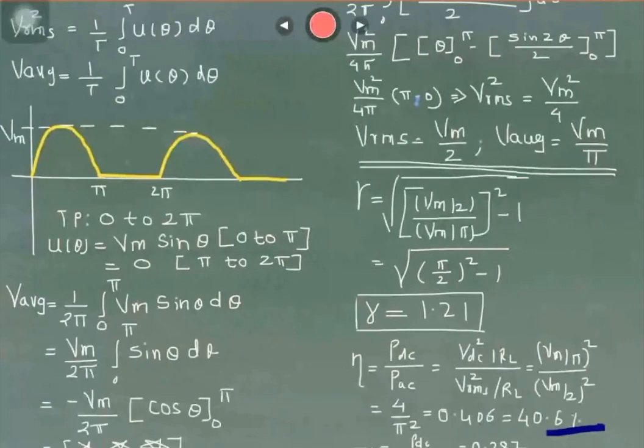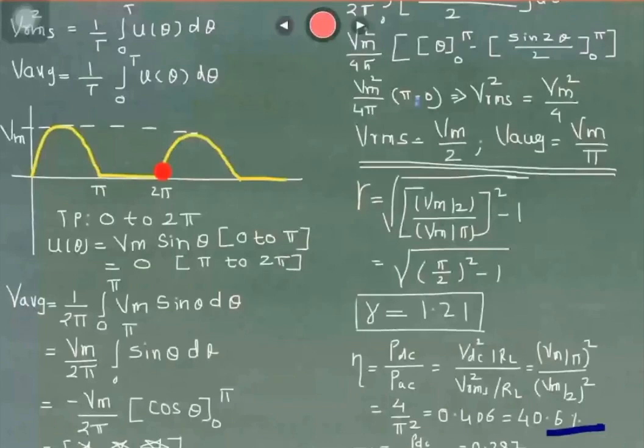Now you need to understand why this happens. When you are calculating the time period of this waveform, you can see this red dot. The time period of the waveform is from 0 to 2 pi, but the waveform is actually available only between 0 and pi.